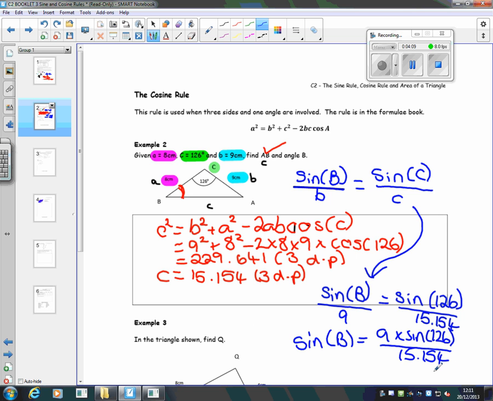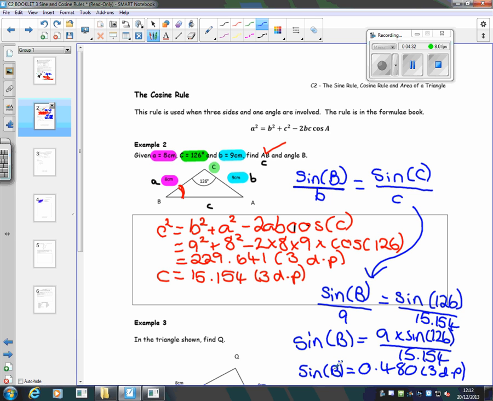So putting this into your calculator, making sure it is set to degrees, we will come out with sine of capital B is equal to 0.480, correct to 3 decimal places.